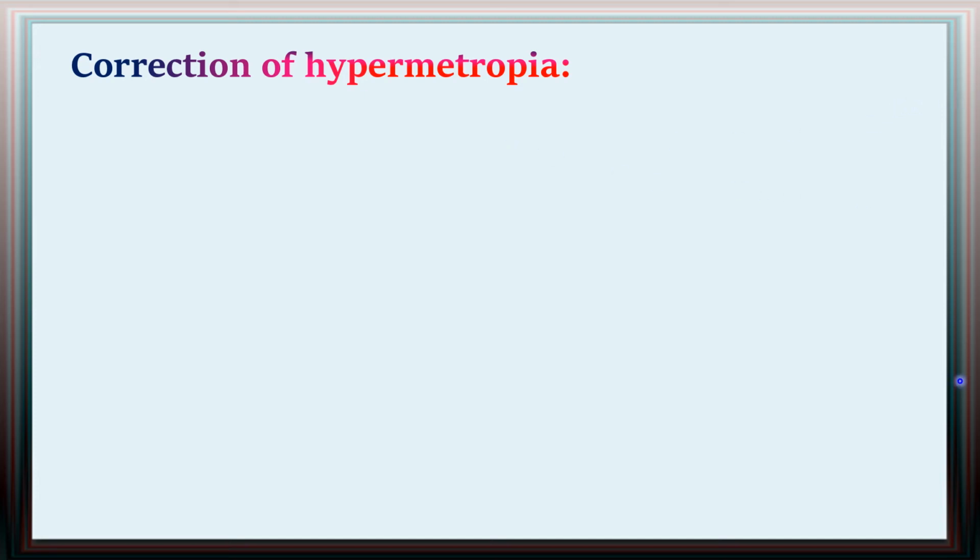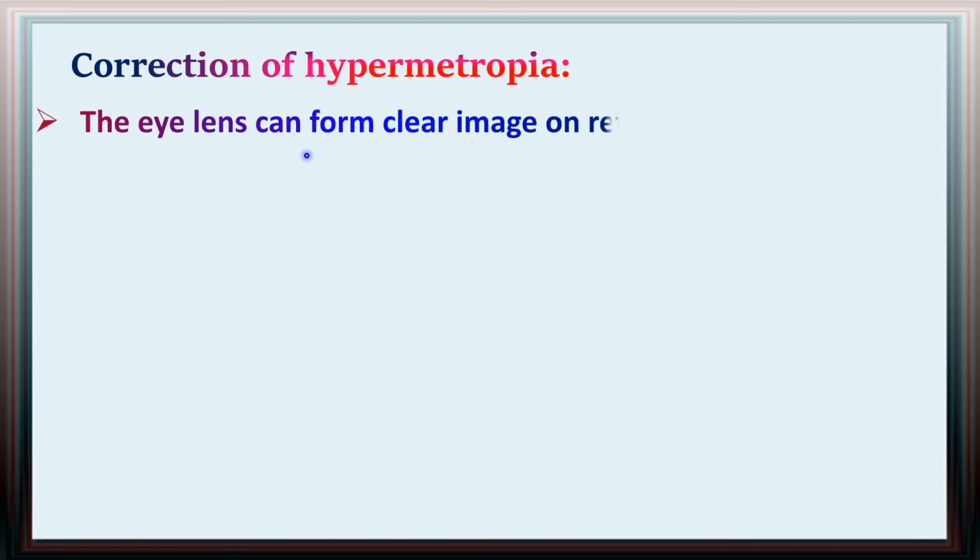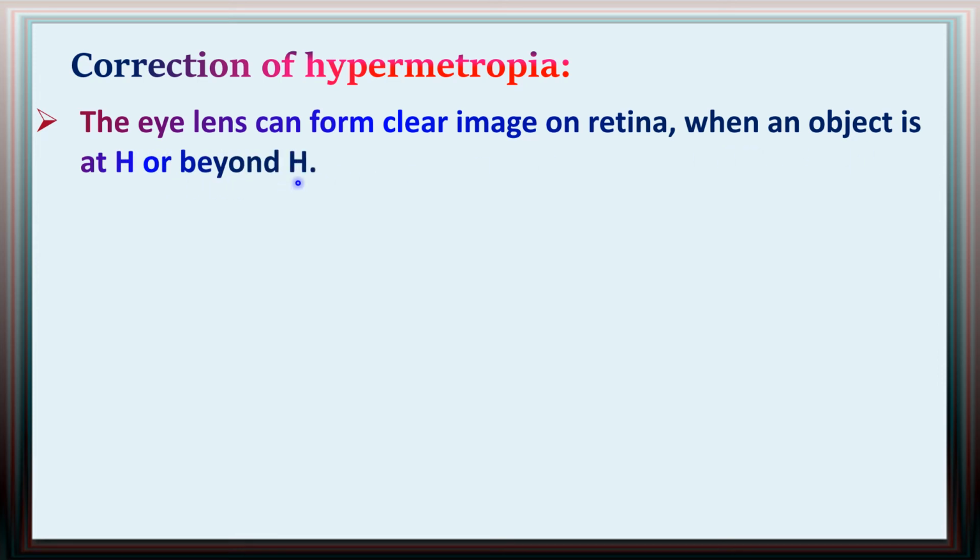To correct the defect of hypermetropia, we need to use a lens that should form the image at H or beyond H of the objects placed between H and L. See here, the eye lens can form a clear image on the retina when an object is at H or beyond H. From the near point up to infinity, the eye lens can form a clear image in case of hypermetropia.